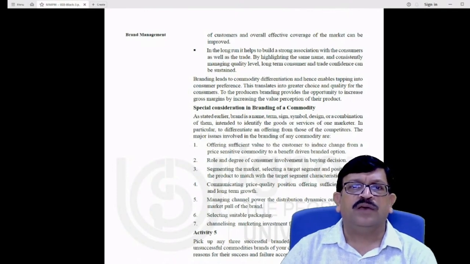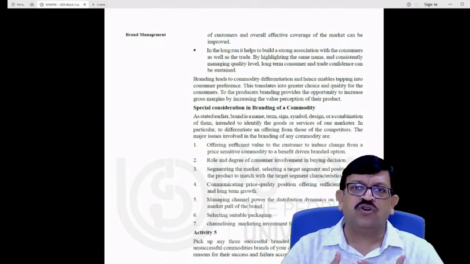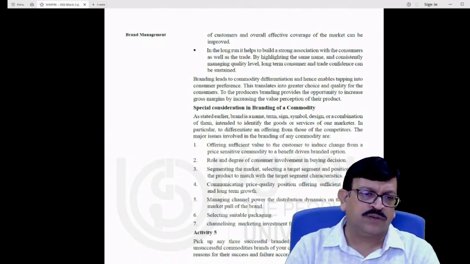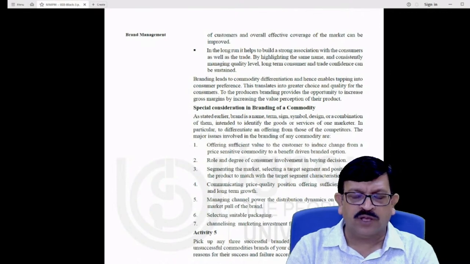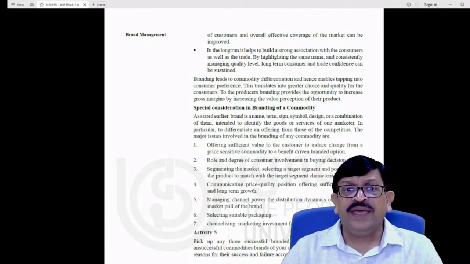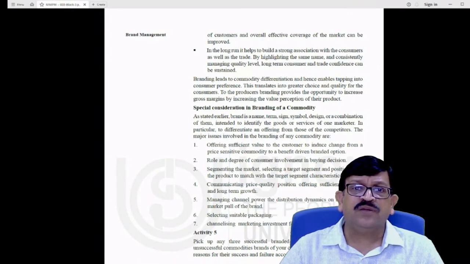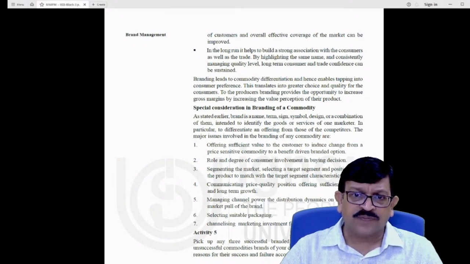In the long run, obviously, if that builds up a very strong relationship with the consumers, it can be highlighted as a differentiator which can sustain for a longer period of time and can become an asset to the organization.